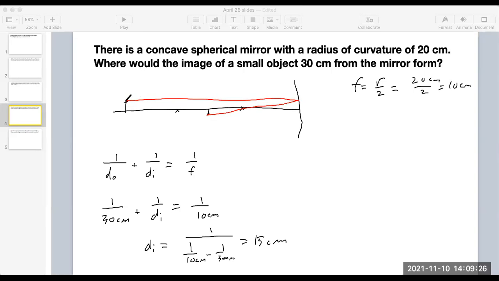If something went through the focus, it's going to leave parallel. If something hit the exact center of the mirror, it's all going there.